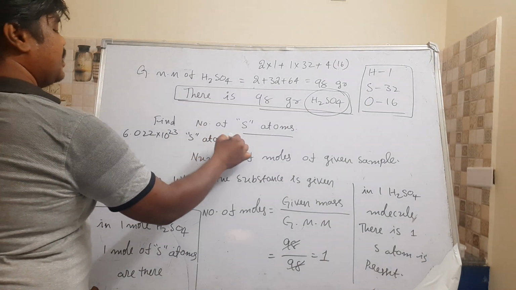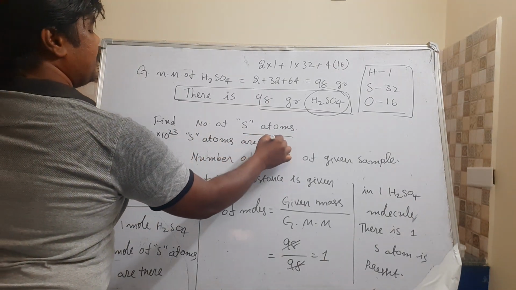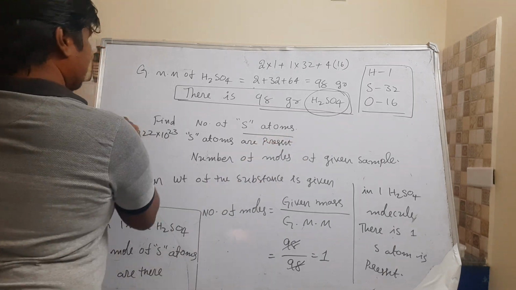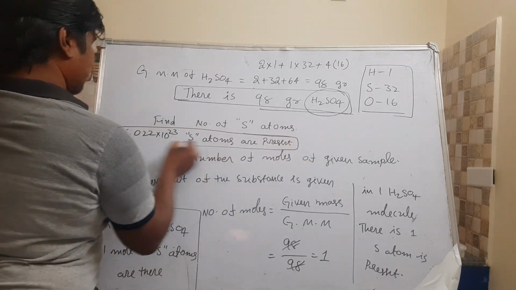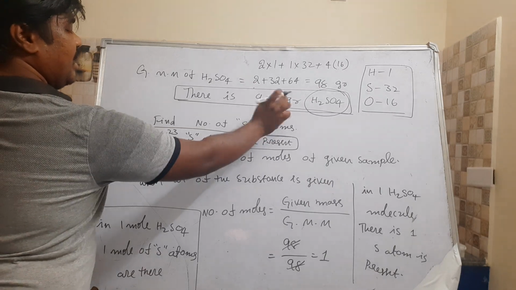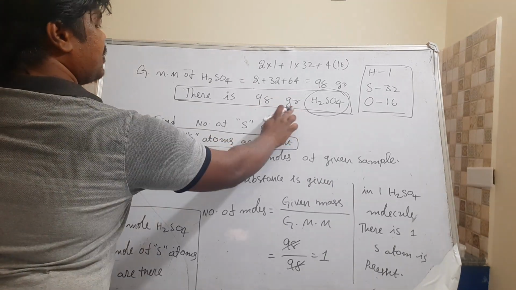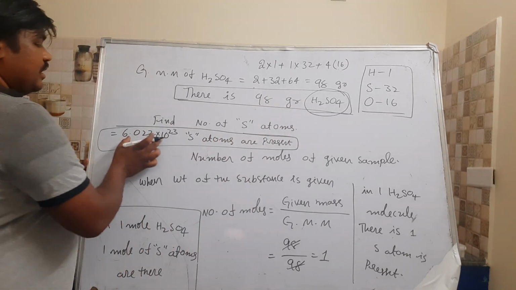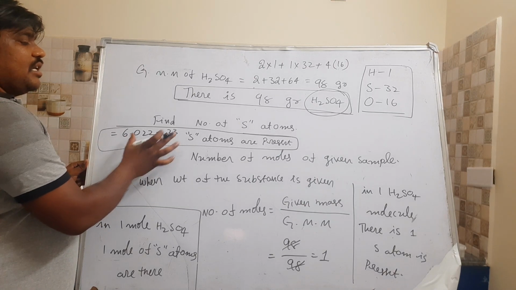In this given data, in 98 grams of H2SO4, this much number of sulfur atoms are present.